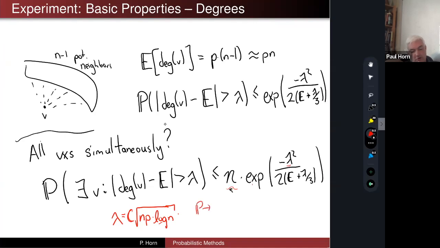And this probability will go to 0. In other words, with probability tending to 1, all vertices will have a degree close to their expectation. How close? This lambda. Now, getting really comfortable with these expectations requires some work.